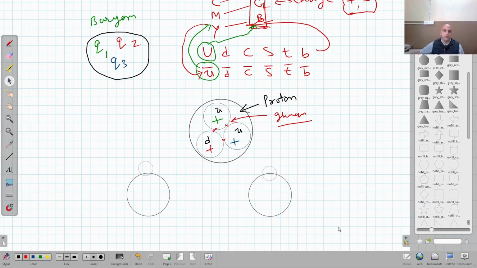Let these be 2 different quarks. Let this quark be initially red, right? This has initially color red.